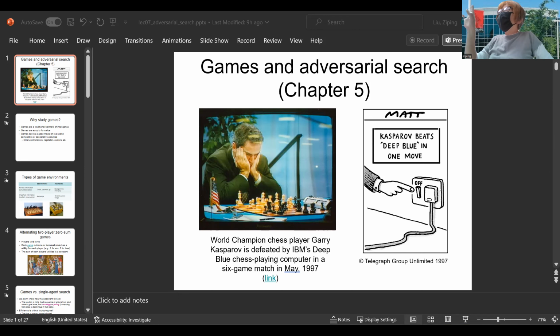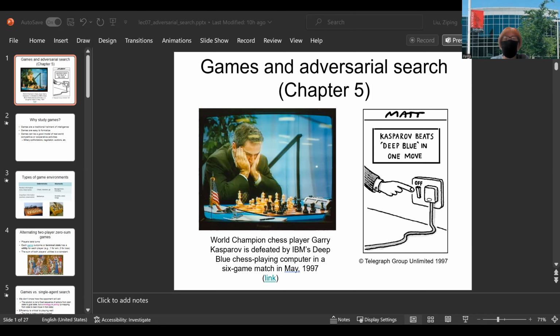Like I just said, the chapter 3 search we discussed is single-agent search. Because there is no opponent involved, it's just whether you know the environment information or not, so it's informed or uninformed.